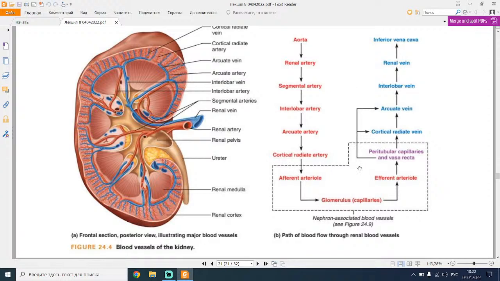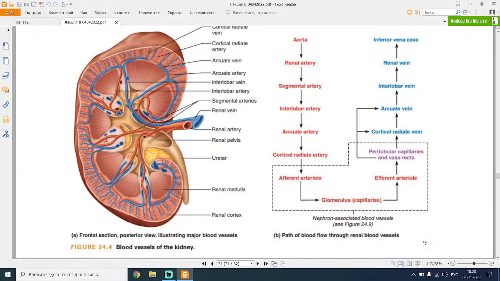Blood passes next: inferior vena cava, aorta, renal artery, segmental artery, interlobar artery, arcuate artery, cortical radiate artery, afferent arteriole, glomerulus capillaries, efferent arteriole, peritubular capillaries and vasa recta, cortical radiate vein, arcuate vein, interlobar vein, renal vein, and inferior vena cava.